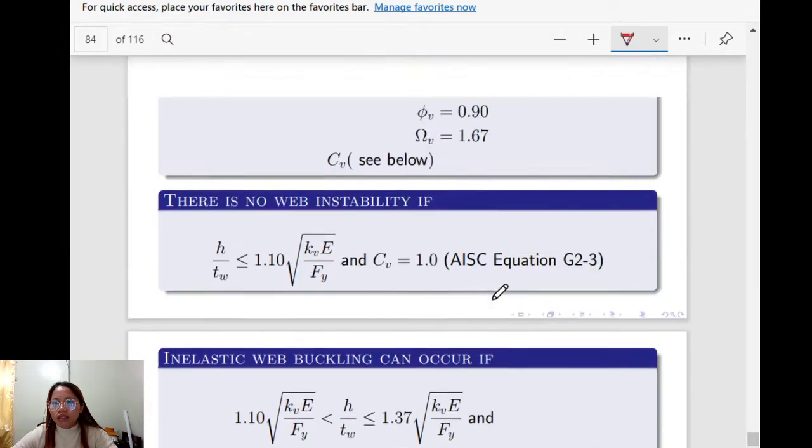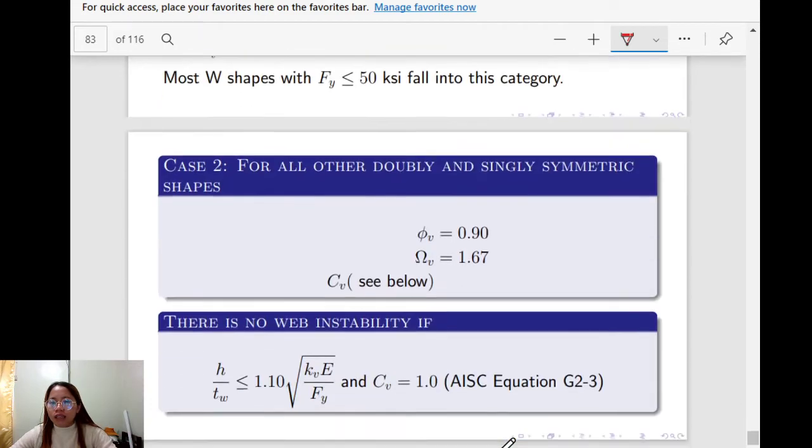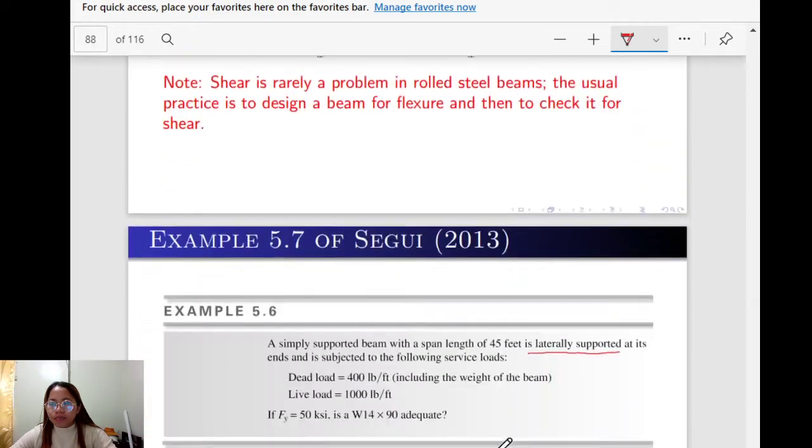For this one, your H over TW is less than this one, your C sub V is 1.0 and your resistance factor is 1.0 for LRFD, and the factor of safety for ASD is 1.5. This is for the wide flange shape with yield stress less than or equal to 50 KSI.